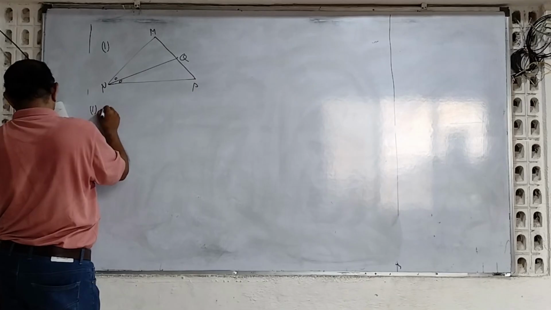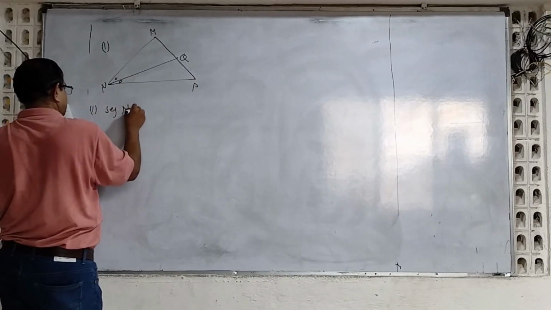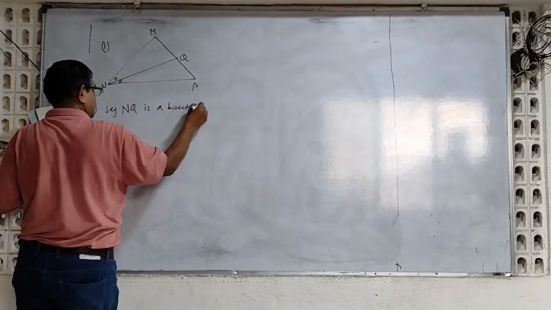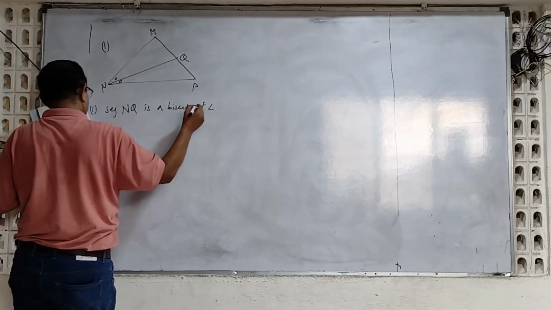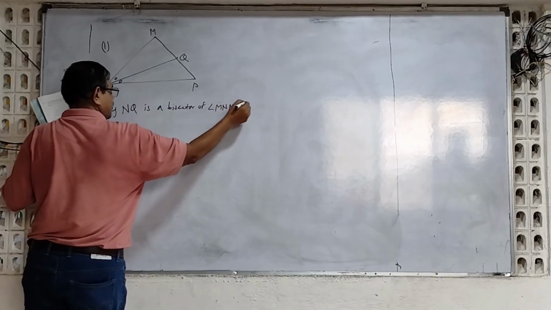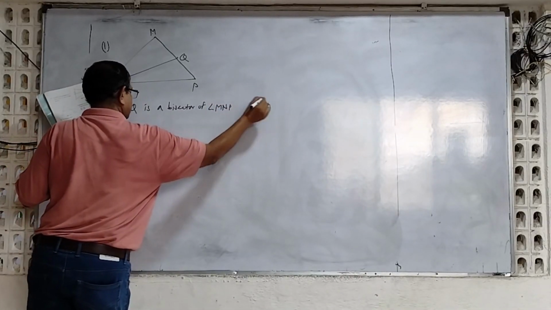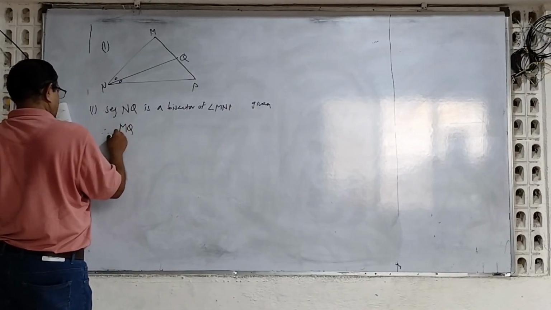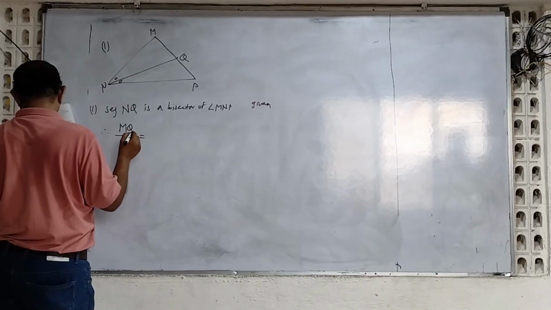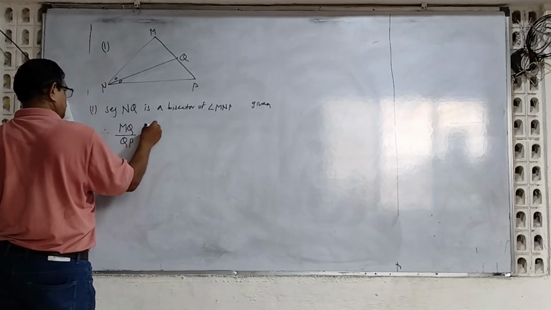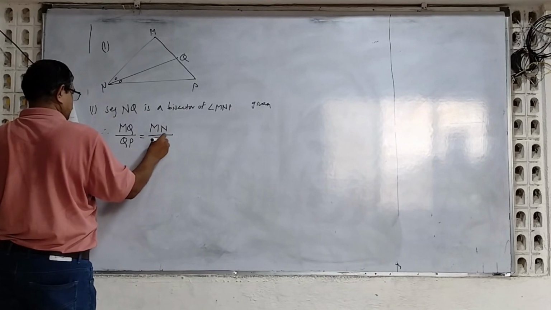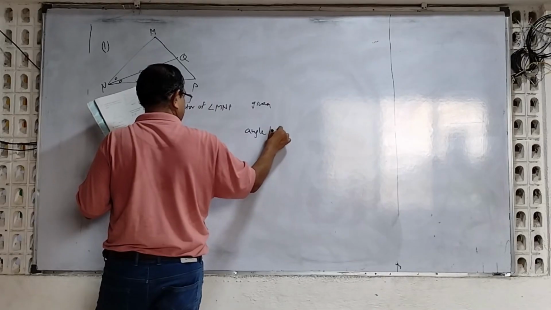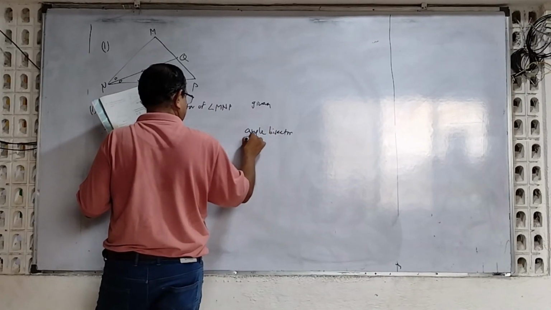First point, segment NQ is a bisector of angle MNP. Reason will be given. And therefore, I get MQ upon QP is equal to MN upon NP. Reason, angle bisector theorem.